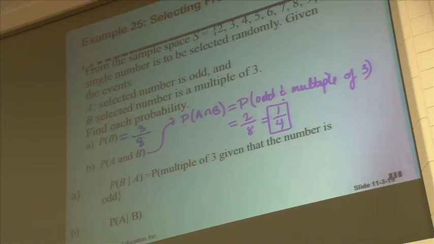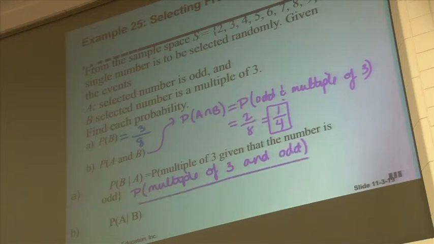Okay. Follow the formula. So, we want the probability that a number is a multiple of 3 and odd, divided by the probability that the number is odd.